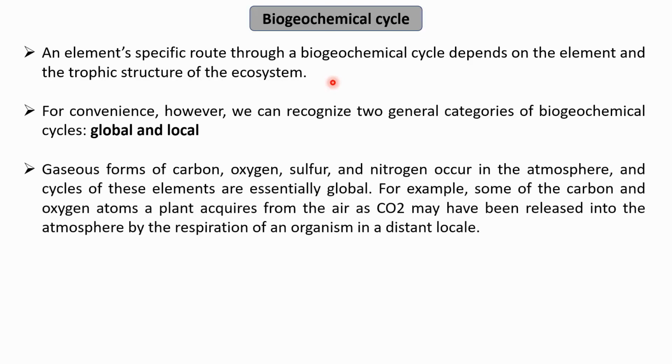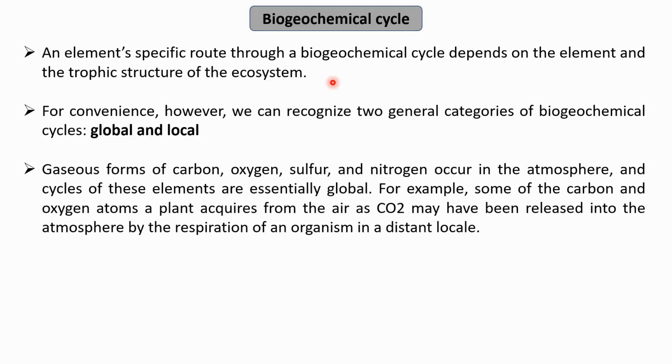So the gaseous forms of carbon, oxygen, sulfur and nitrogen occur in the atmosphere, and cycles of these elements are essentially global. Global means all over, local means in a particular area. Since these are gaseous forms that occur in the atmosphere, the cycles of these elements are essentially global.